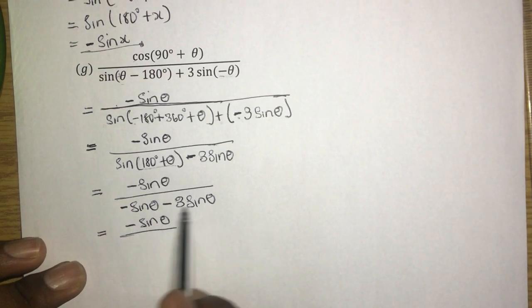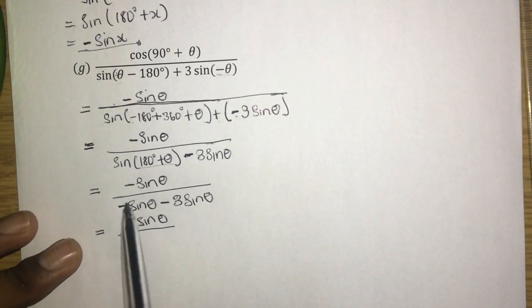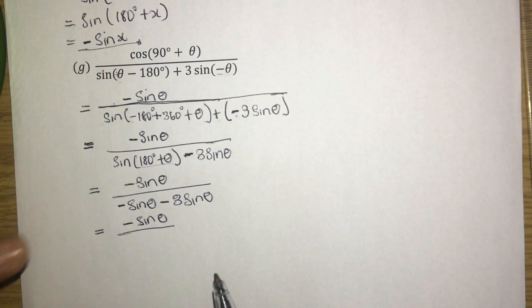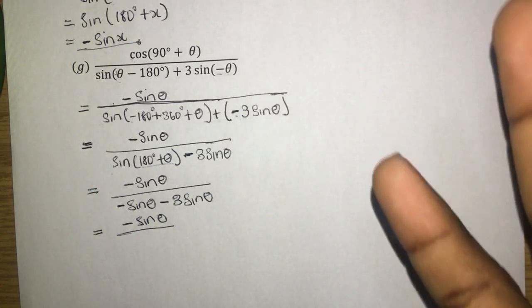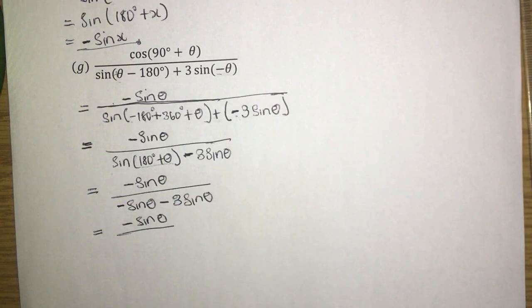So let's deal with the denominator, because the denominator must be simplified further. We have negative sine theta minus 3 sine theta. I have negative 1 theta, minus 3 theta, negative 3 theta.